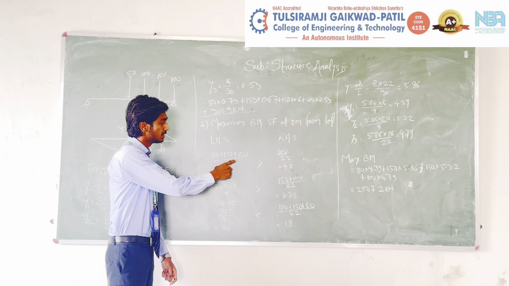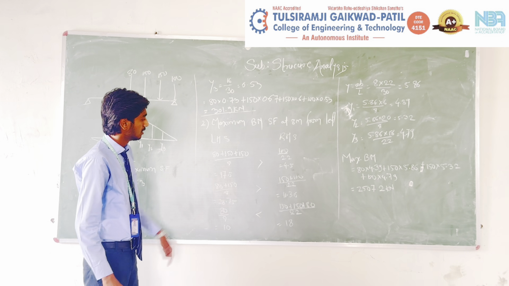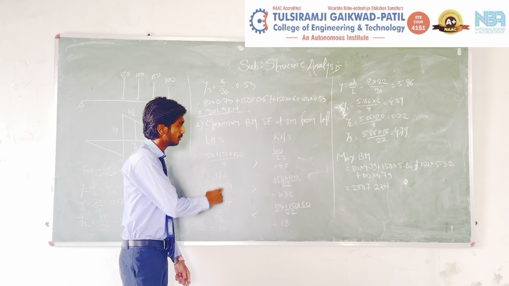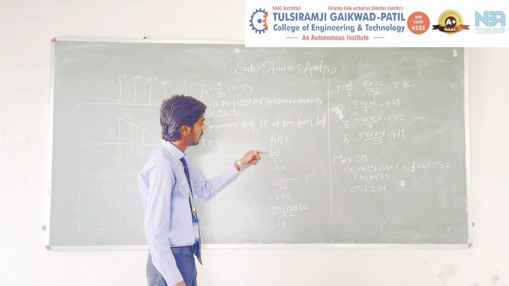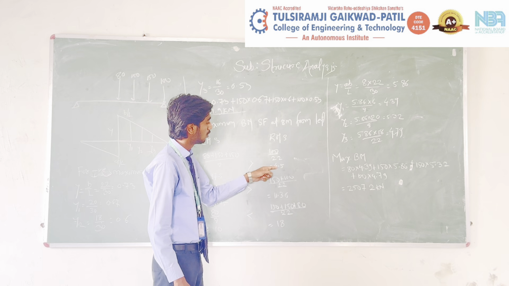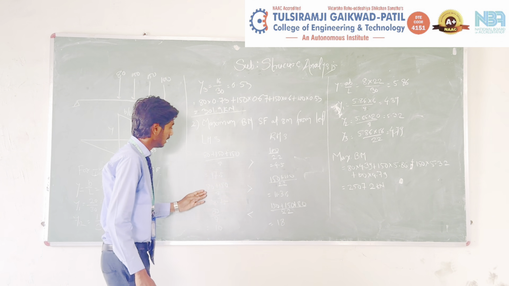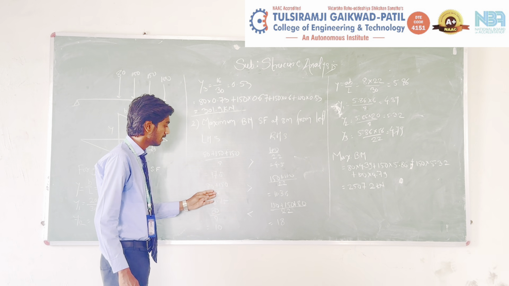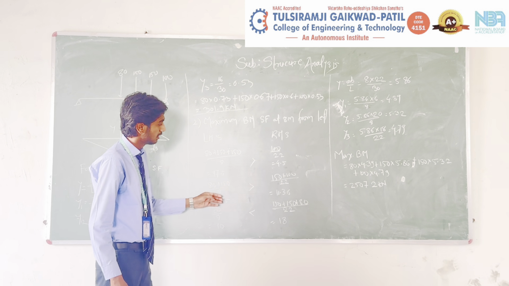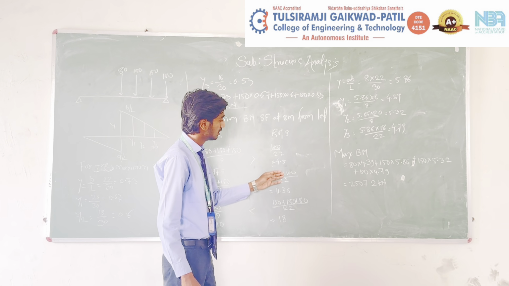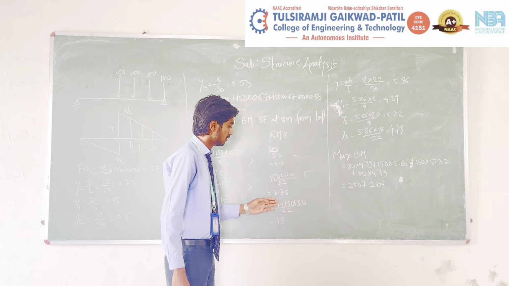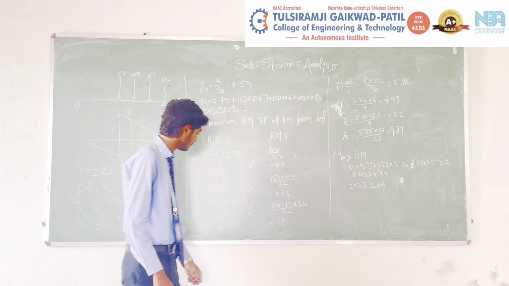LHS: 80 plus 150 plus 150 by 80, the answer is 47.5. Then RHS is 100 by 22 and the answer is 4.5. Now 80 plus 150 by 8 is equal to 28.75. 150 plus 100 by 22 is equal to 11.36.